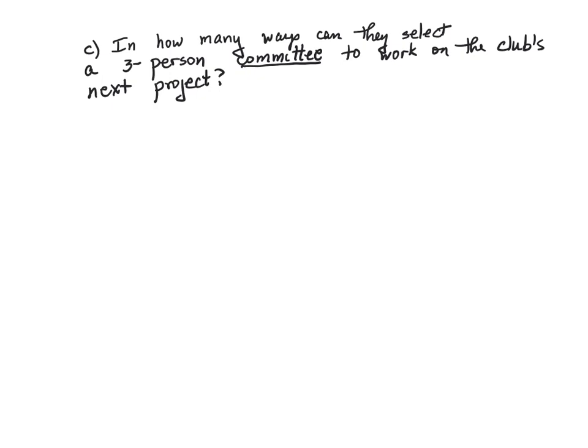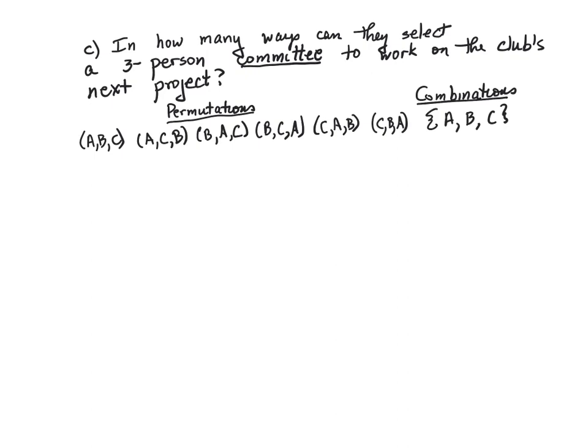Let us compare the permutations and combinations that we will list right now. If I pick a 3-person committee consisting of A, B, C, which are Anne, Barbara, and Carl, that is a combination right there.